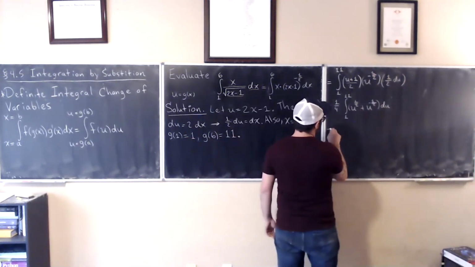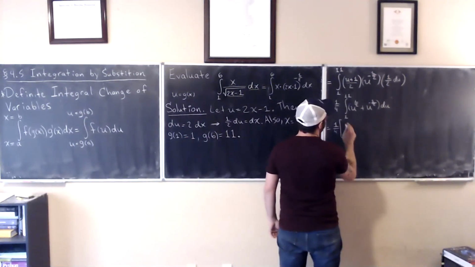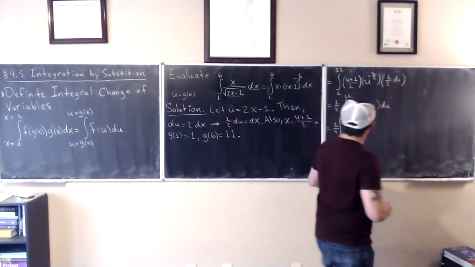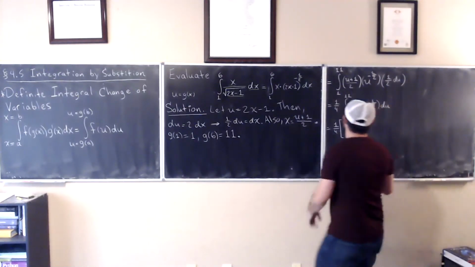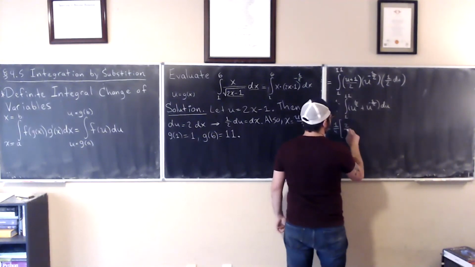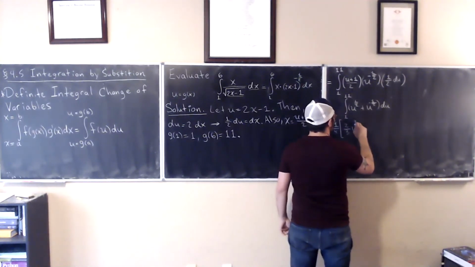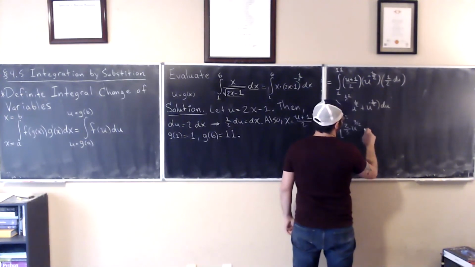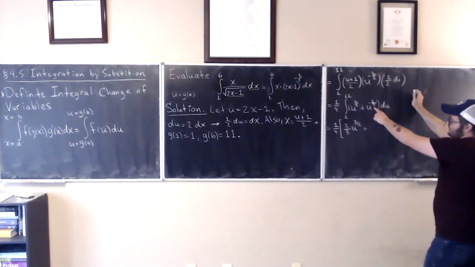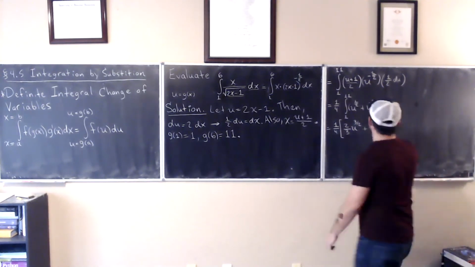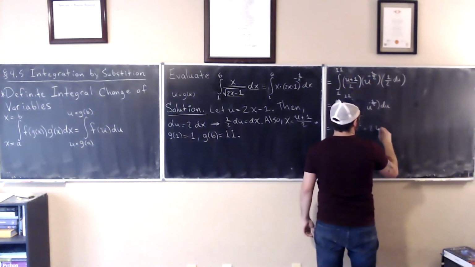So then we're going to have 1/4 times, so we add 1 to that, we get 3/2, and we divide, 2/3 of u to the power 3/2, plus, if we add 1 to that, we get 1/2, and we divide by that, we get 2 u to the power 1/2.